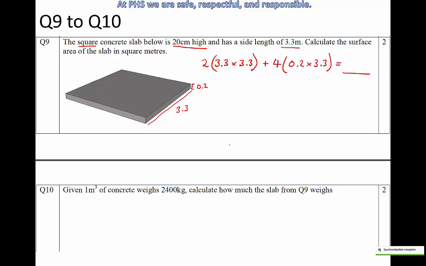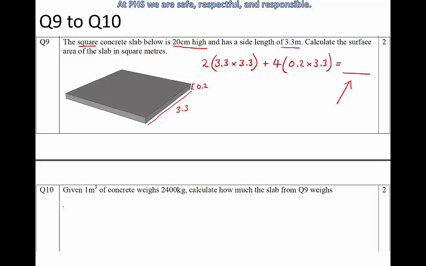A lot of people try to use their answer for surface area on this one, and the surface area has nothing to do with it. We need to figure out the volume of the slab first, and then if we get that in cubic meters, we'll be able to times it by 2,400 to figure out the total weight.